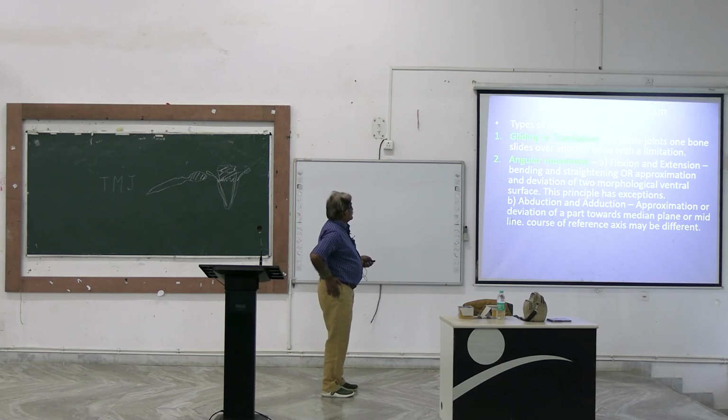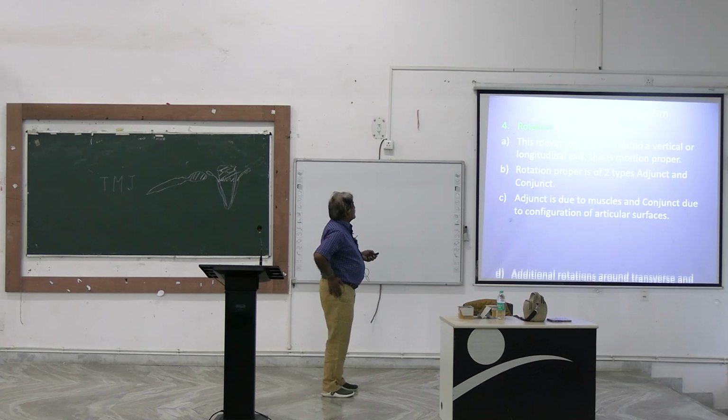This principle has exceptions. Abduction and adduction: approximation or deviation apart towards the medial plane or midline. The course of the reference axis may be different. Circumduction is a combination of four angular movements in successive order describing a cone.